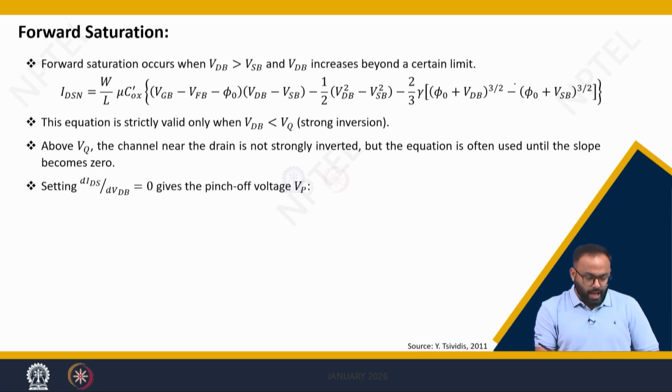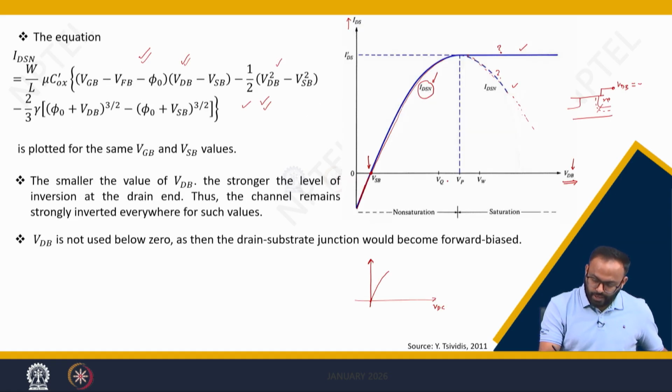Let us go back and analyze the equation beyond a point where we say that the surface potential is VQ, right. We defined already these VQ and VW points, which we said that when you increase VDB, then the surface potential goes from strong inversion to moderate to weak.